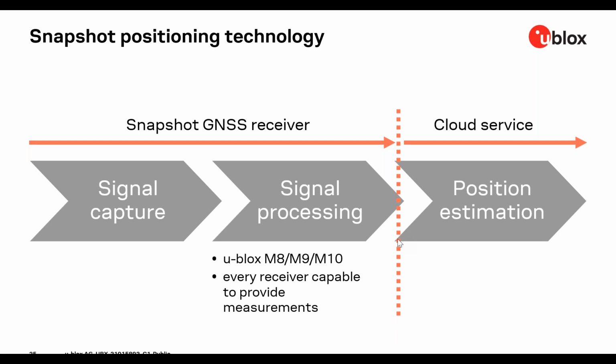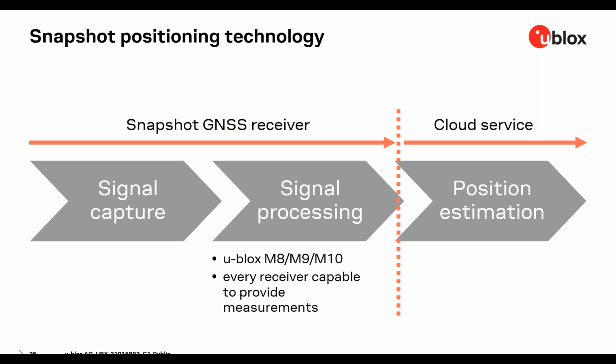One is signal capturing, so the first arrow, and the other one is measure and process, or signal processing, the second one. In this solution, the GNSS signal after the capturing is also processed, and then the data is delivered to the cloud, where the cloud service is in charge of making the position estimation. And u-blox decided to implement the signal processing technology.